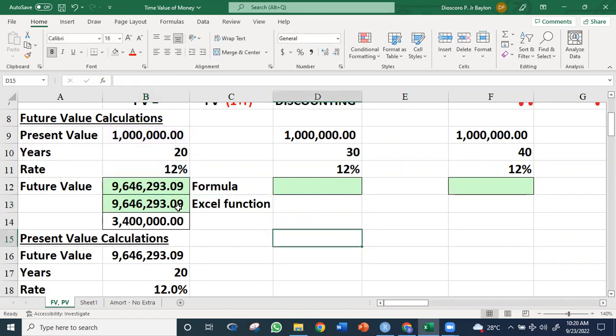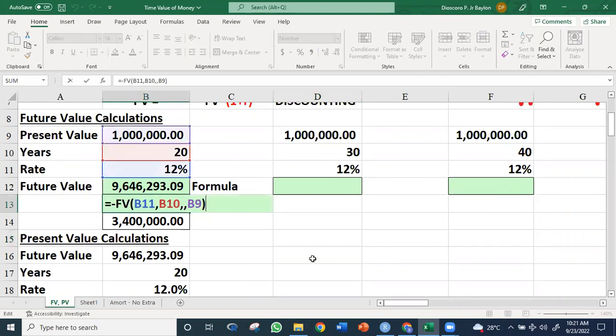So we're not really looking at the fact that this is a loan, which means cash going in, or an investment, cash going out. What we're interested in is the value of 1 million, whether it's a loan or an investment, after 20 years, if the rate is at 12%, and it gives us 9464293. So what I did was just to put the negative sign here.